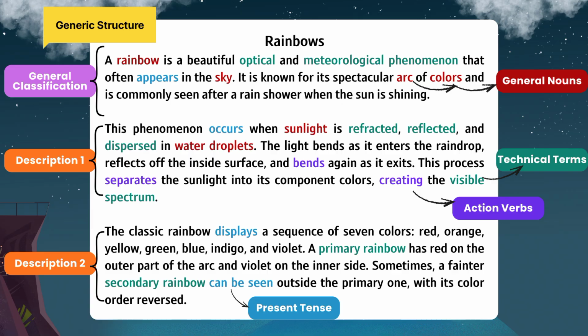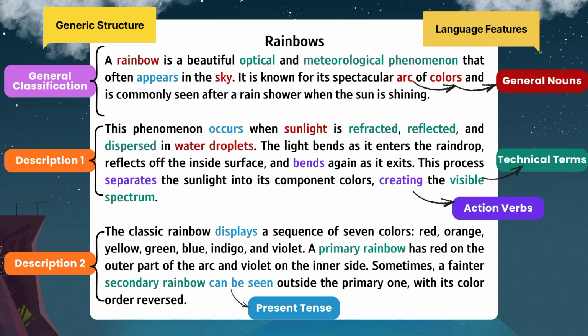The second paragraph is a description, containing details about the scientific process of how a rainbow occurs: refraction, reflection, and dispersion of light in water droplets. The third paragraph is also a description, as it describes other specific characteristics, namely the sequence of colors and the difference between a primary and a secondary rainbow. This is part of a comprehensive explanation of the subject being discussed.